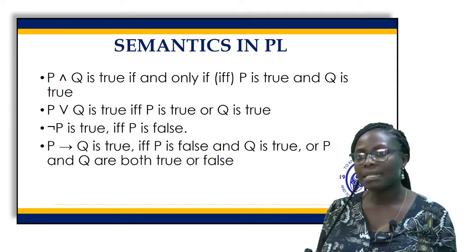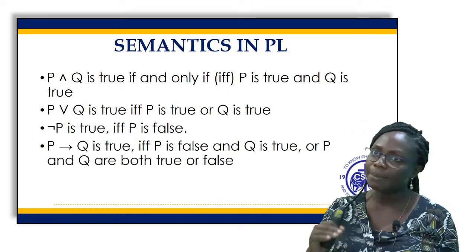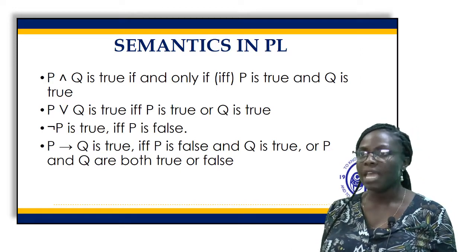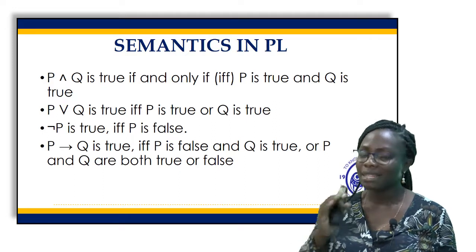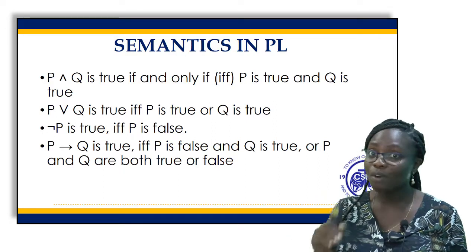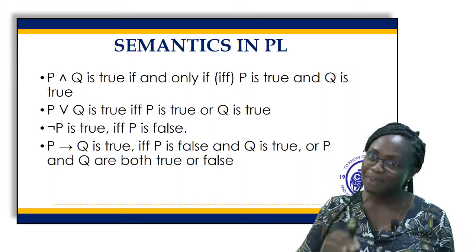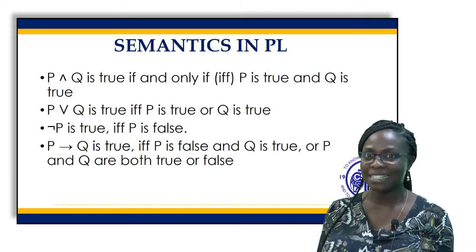What that means is that if P is false and Q is true, then P implying Q will be true. If P is true and Q is true, then P implying Q is true. Or if P is false and Q is false, then P implying Q will be true. I hope that is clear.